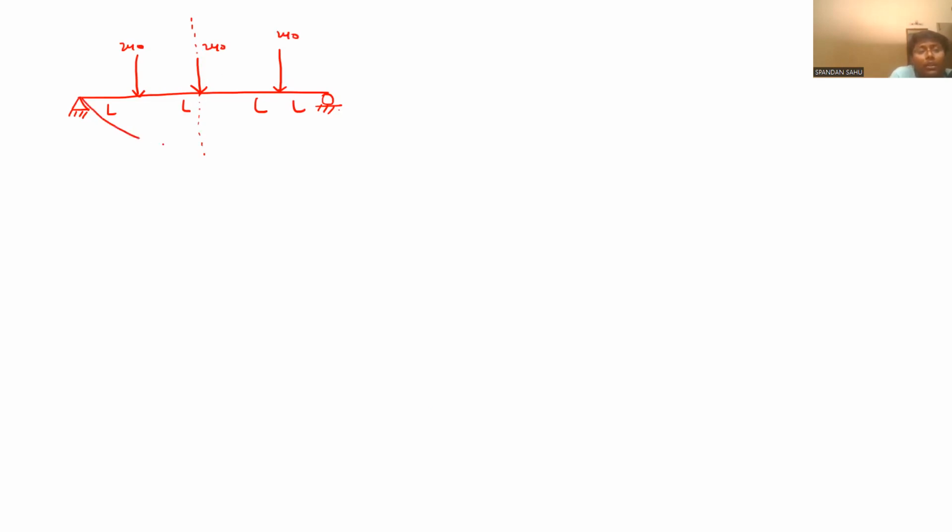So when you draw the deflected shape, suppose from this point at L by 2 this is delta 1, and from this point at L by 2 it will be delta 2. And this delta 1 should be equal to delta 2. Yes, sir.